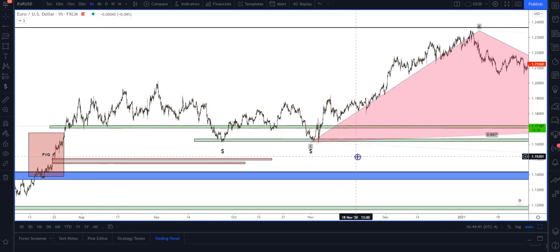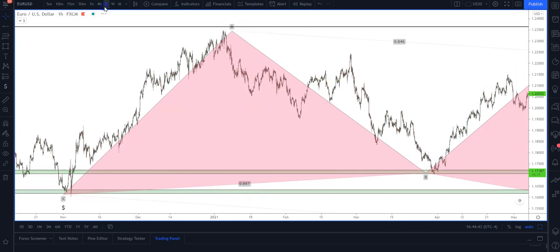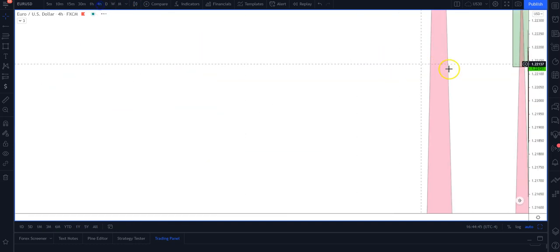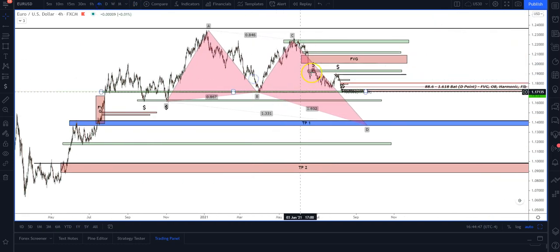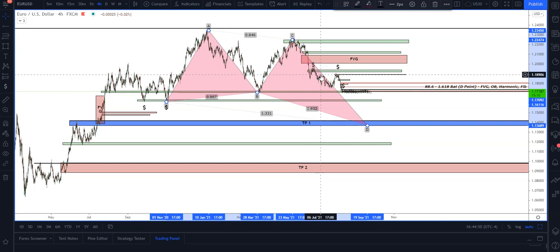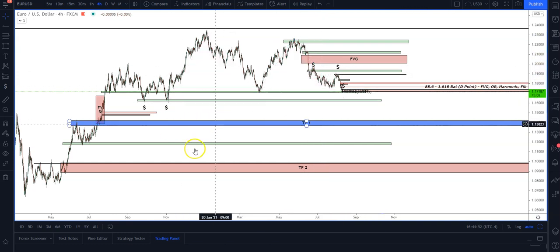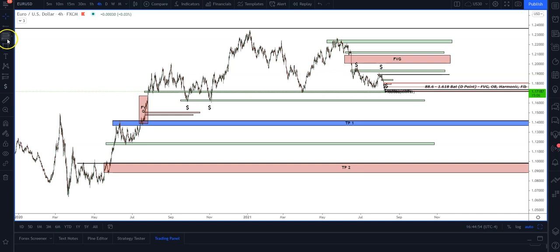And what else did I notice? There's so much confluence being played out. And then this is an even deeper harmonic.